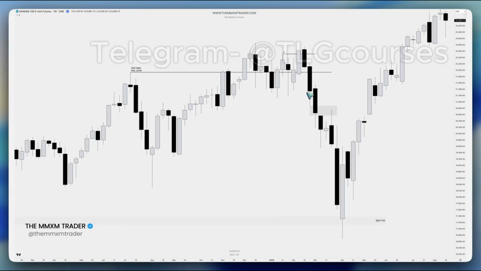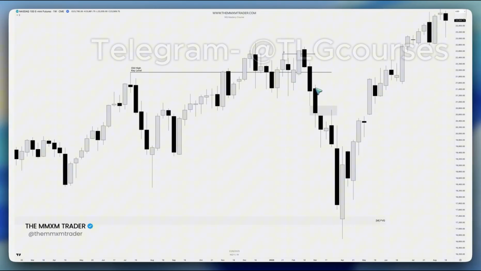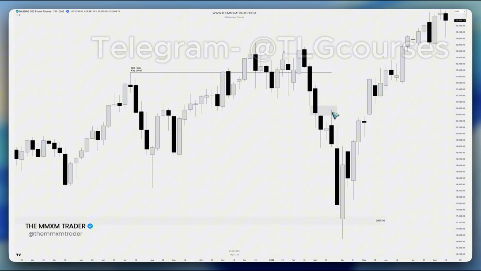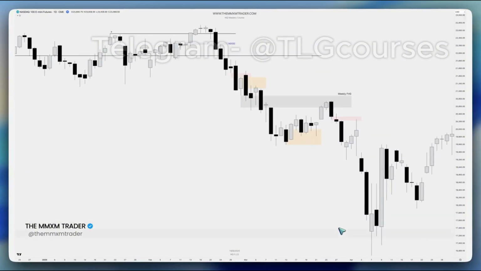We close below the collection of down close candles here. Can be used as an order block, high time frame key level. Market then expands lower. We then form a weekly fair value gap, right? And then we trade up into the weekly fair value gap, and we use that weekly fair value gap to murder the lows.